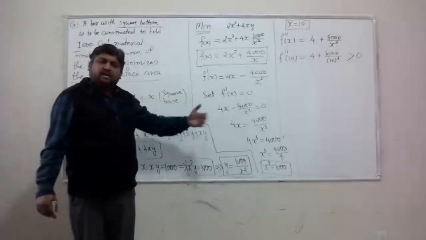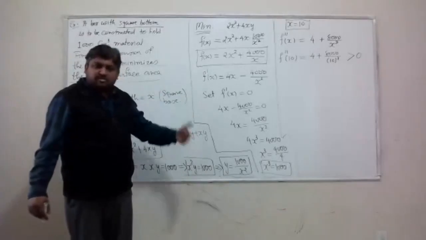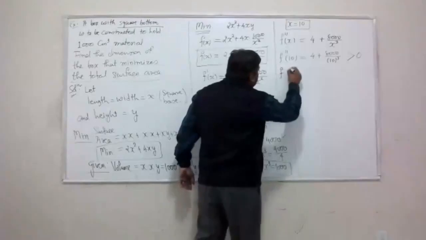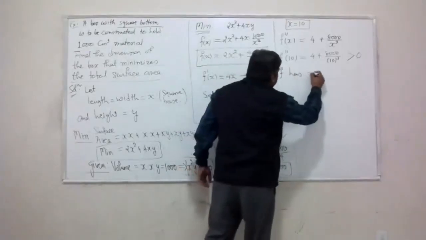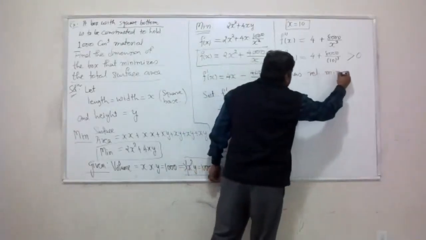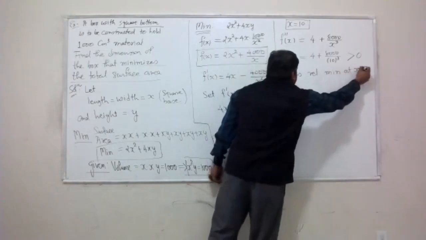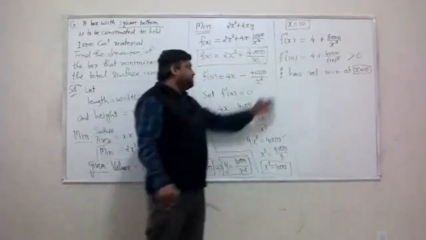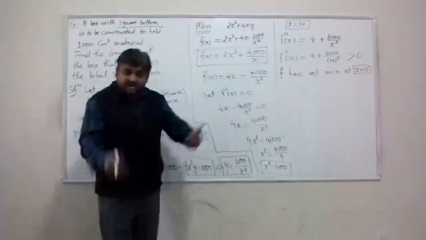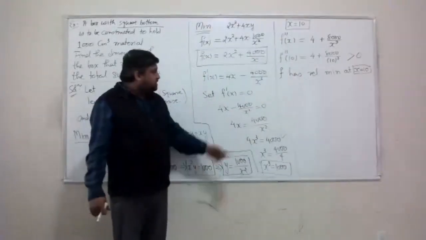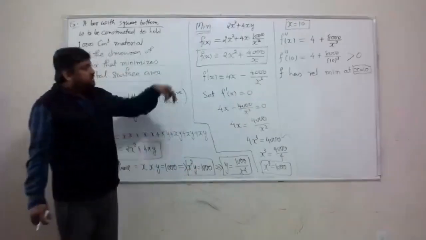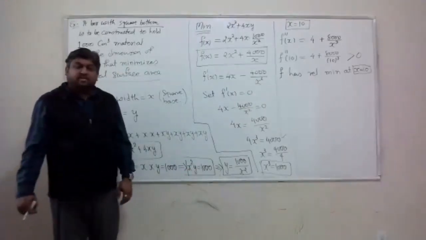The second derivative at the critical point of f prime is positive, meaning the function has a relative minimum at x equal to 10. Understand that this is the second derivative test example. Nothing else. We already did one with an exponential function. This is the second one. So the function has a relative minimum at x equal to 10.